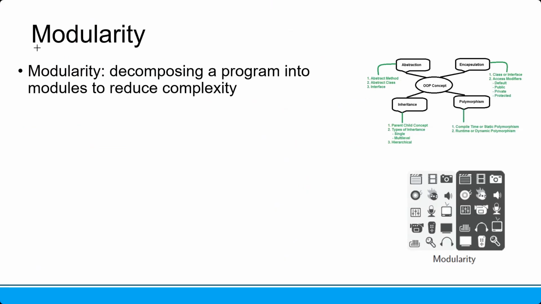Modularity. What is modularity? Modularity is decomposing a program into modules to reduce complexity. If you are using your smartphone, in your smartphone there will be a lot of modules. For example, the module for Wi-Fi is a function only related to Wi-Fi.